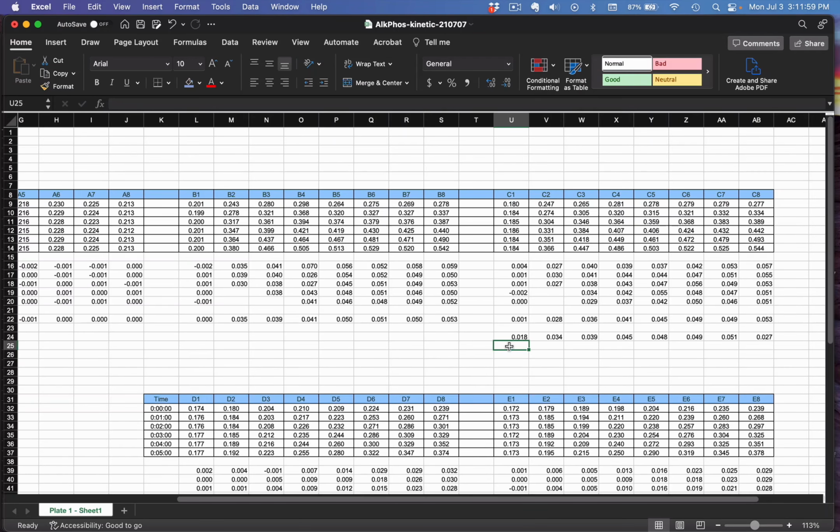In order to do that, we're going to take our absorbance divided by the extinction coefficient, which is 15,000 molar to the minus 1 centimeter to the minus 1. And then in terms of our path length, we know that the path length in a microplate is 0.28 centimeters per 100 microliters.